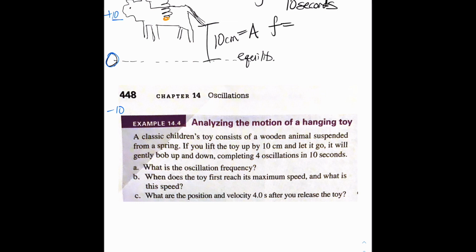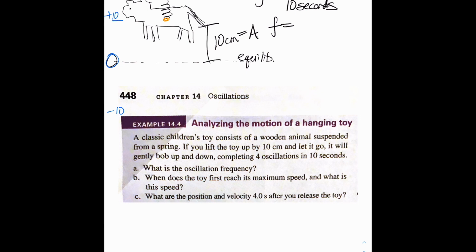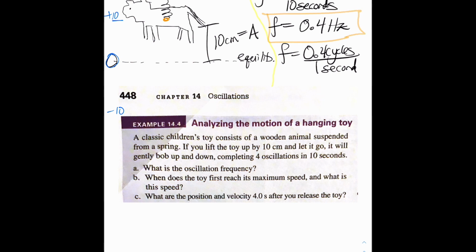So if we plug that in our calculator, we can see the frequency is equal to 0.4 hertz, or cycles per second. All right, that's what we're saying. Okay, so far so good. We got one of our answers right there. There's our frequency.